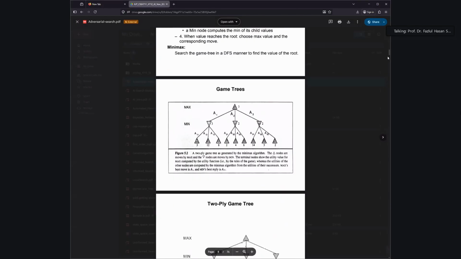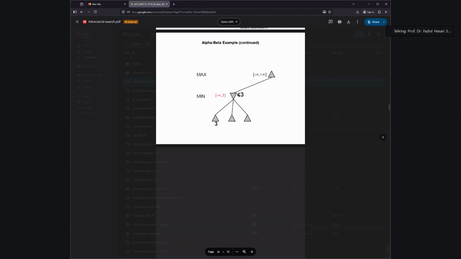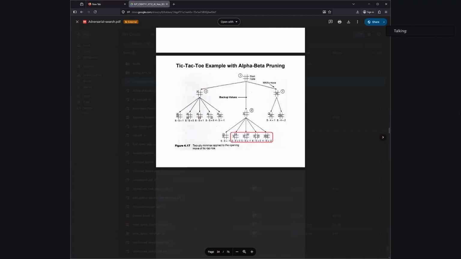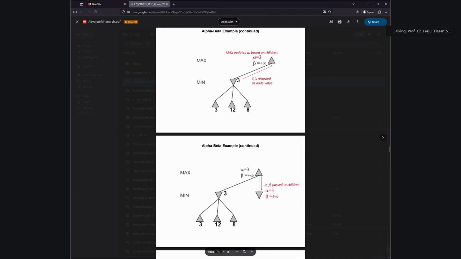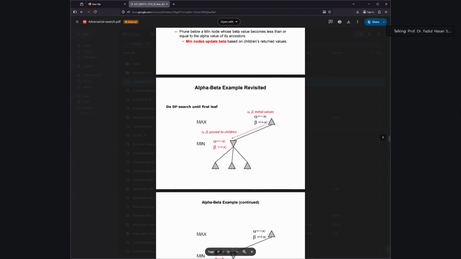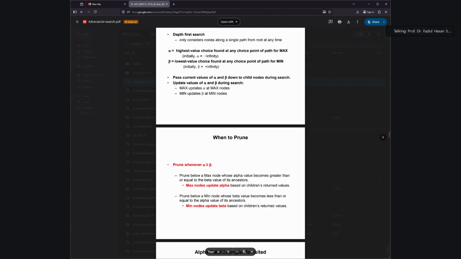So I think from the beginning I covered up to, remember, what are the contents here? This is very small content. There are 2 algorithms only, minimax algorithm and alpha beta pruning algorithm, and done.